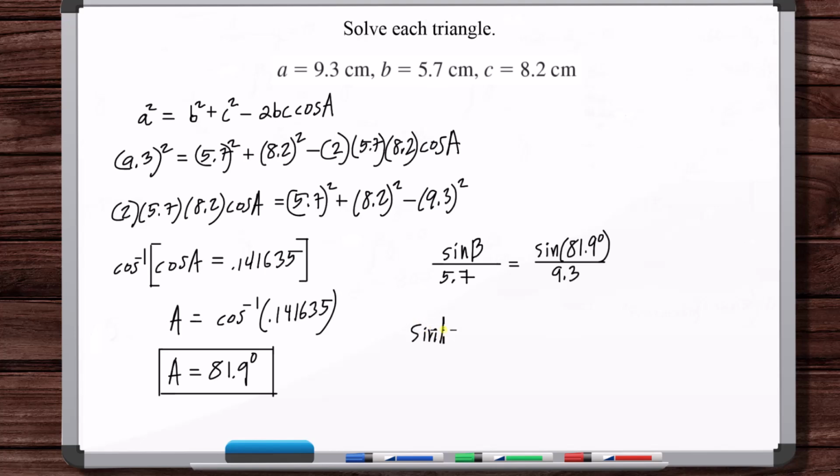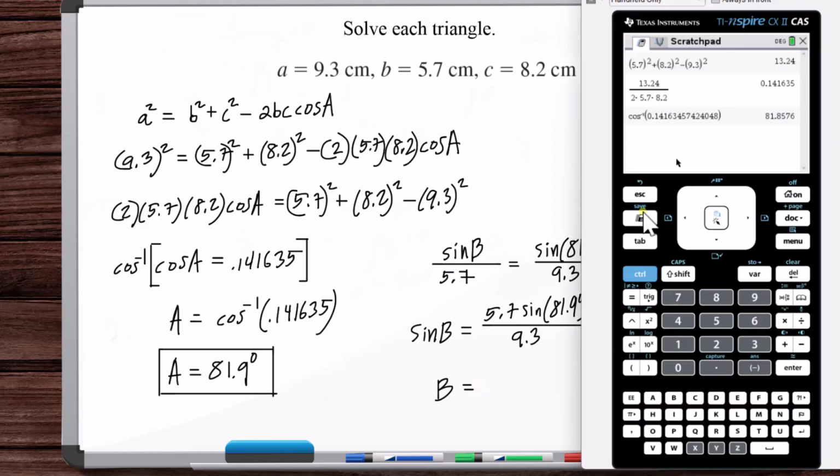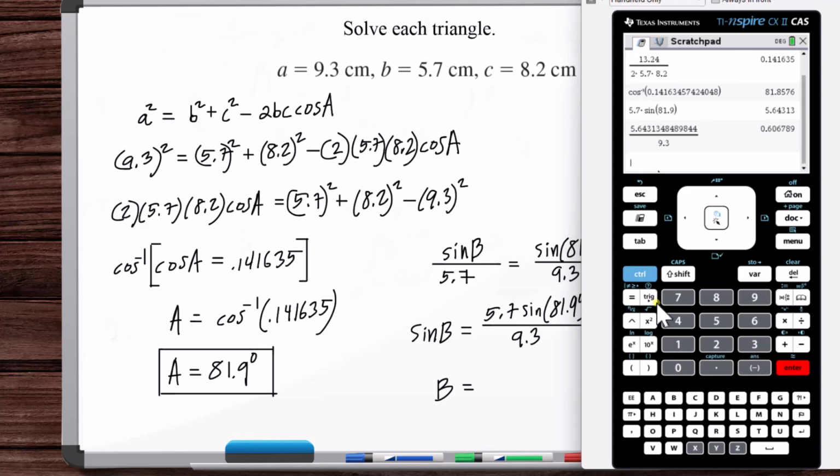So sine of B is equal to, okay, we've got 5.7 times, so there's sine of B. Now take the inverse sine.